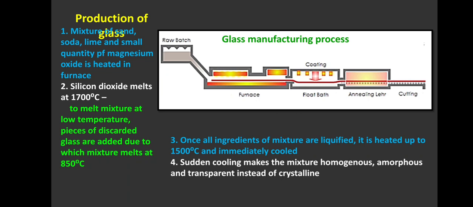Hence, sudden cooling after heating up to 1500 degrees Celsius is very necessary. So this is how your glass is being produced, and finally it is cut and given the shape as desired.